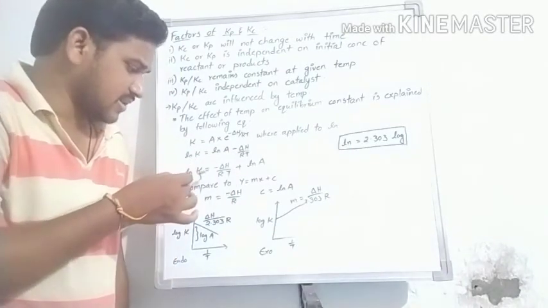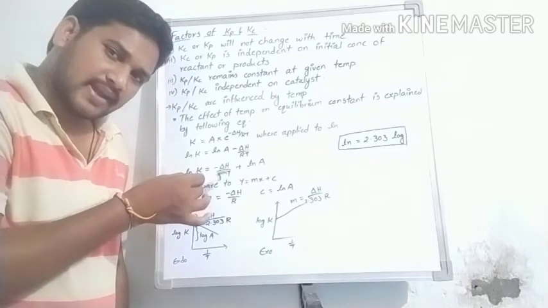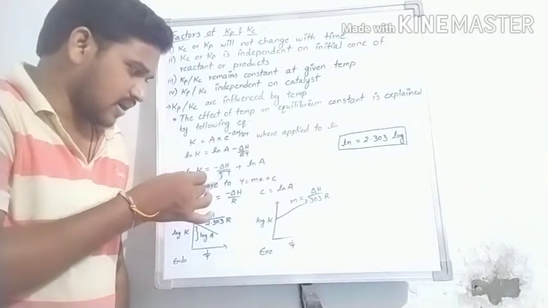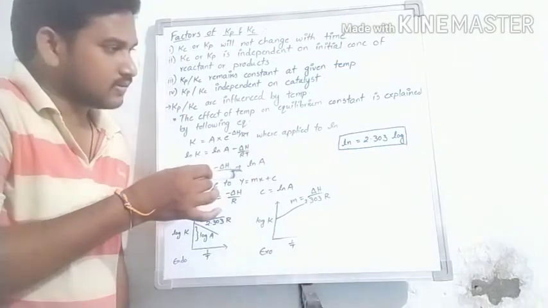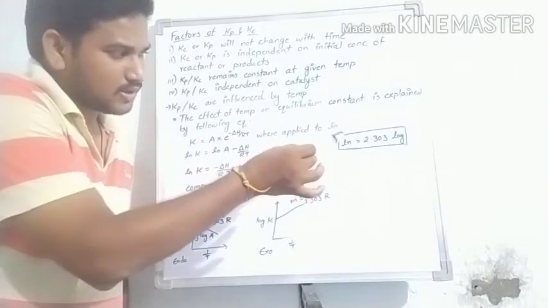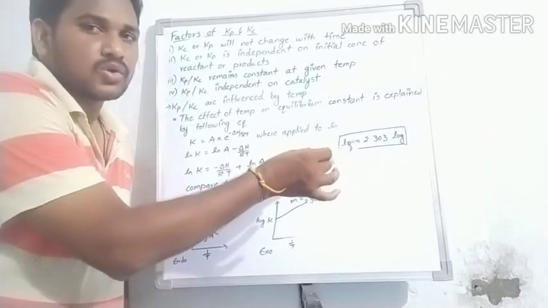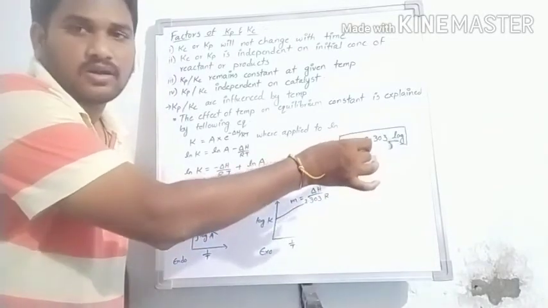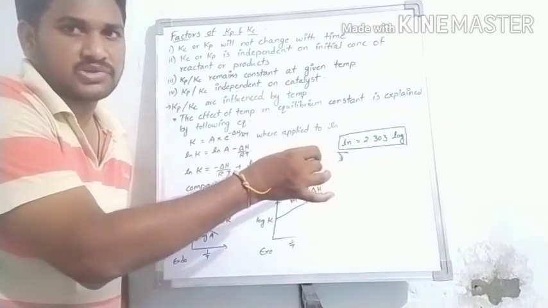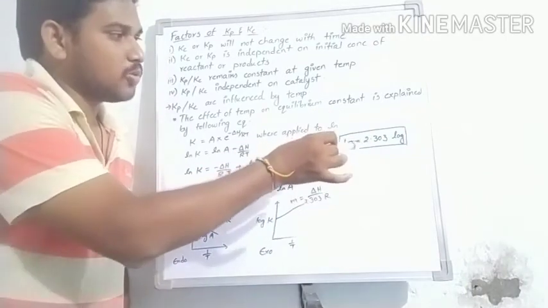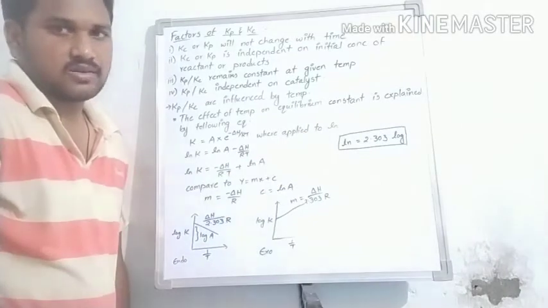Students, for our convenience, ln K is equal to minus delta H by RT plus ln A. One more point, ln is equal to 2.303 log, in terms of log. That is the most important point: ln is equal to 2.303 log.